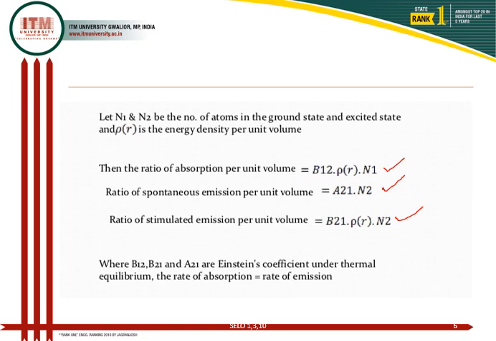The important point here is that for any activity, the minimum time is 10 to the minus 8 seconds. So within about 10 to the minus 8 seconds, the atom wants to move to the ground state. The thing is, stimulated emission is not possible before this time.